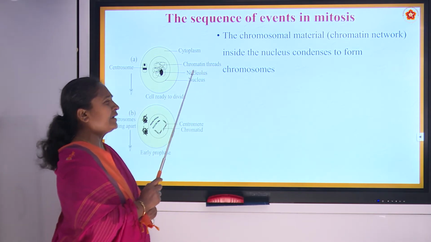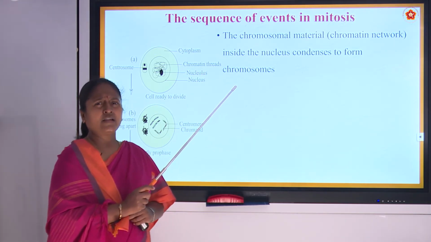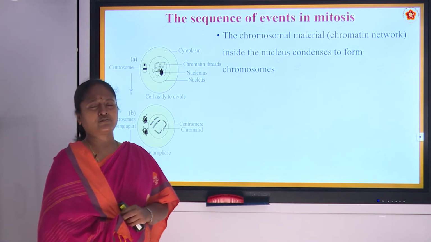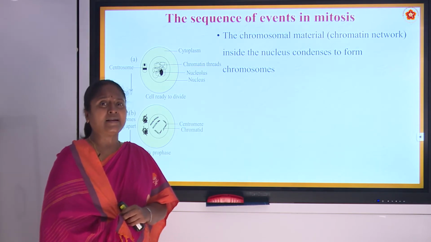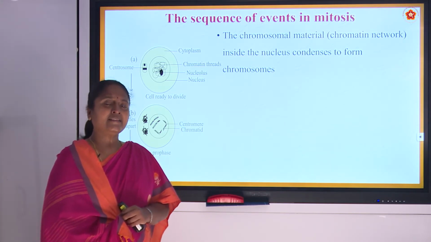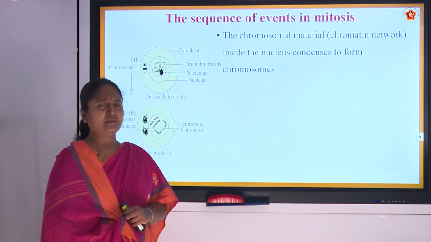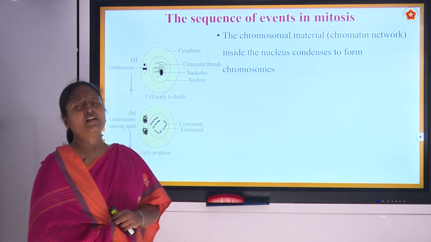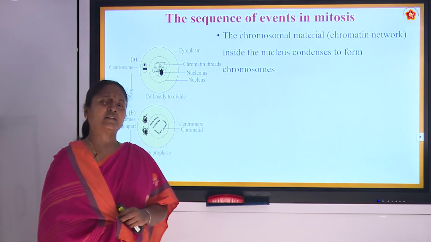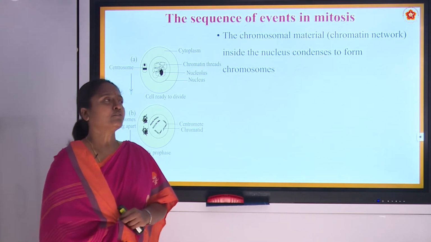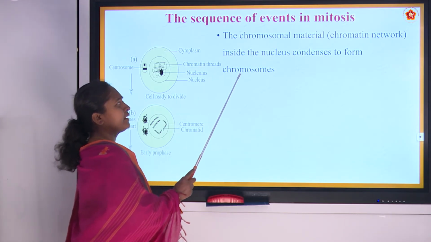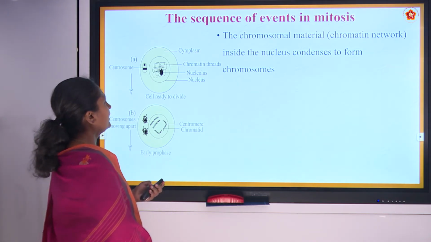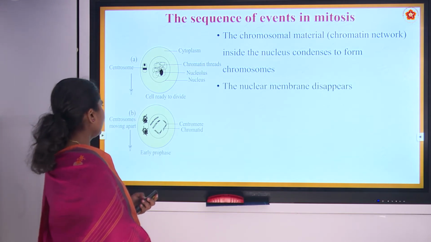Think of hay stalks, right? How do they transport them from one place to another after harvesting? They make a bundle, and with the bundle it is easy to transport. Similarly, here the chromatin is like a full straw present throughout. This straw has to get transferred, so nature itself is bundling it up. This bundled up chromatin thread is now known as the chromosomes, which form when the cells are going to undergo division.